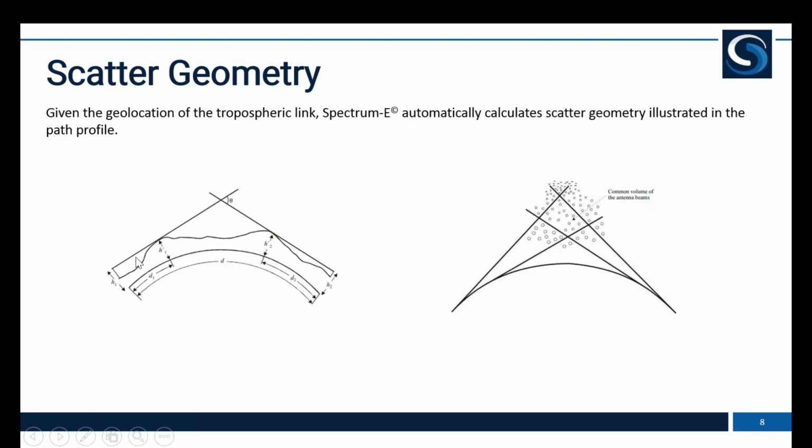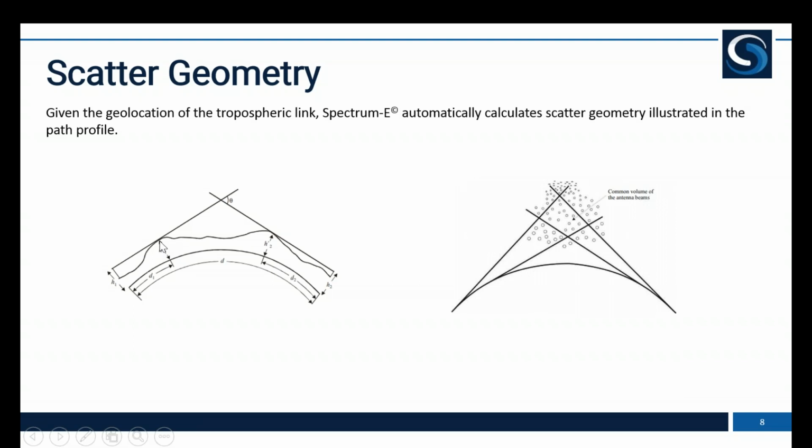Now, how these takeoff angles are extracted from the terrain is also key. There are various algorithms implemented in the software that does this. It looks at every pixel along the terrain and finds the first occurrence of an obstruction due to the first obstacle.